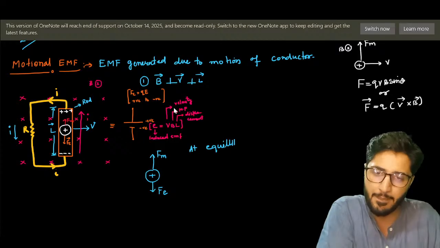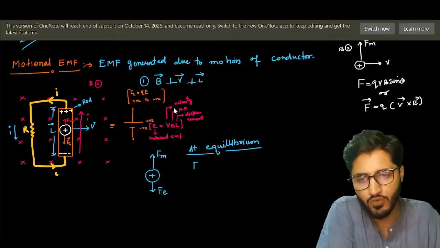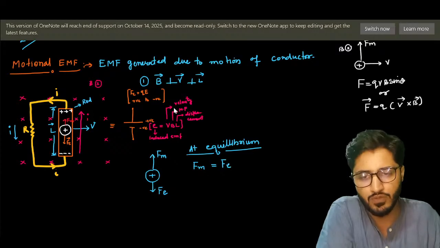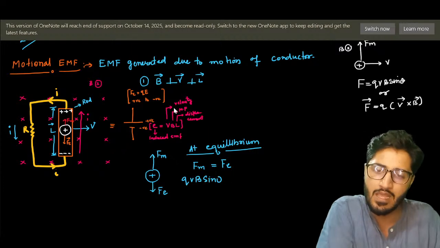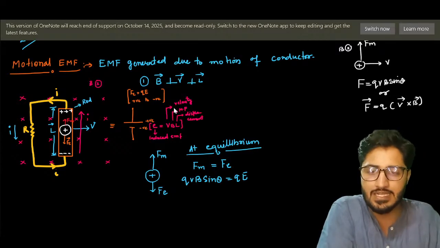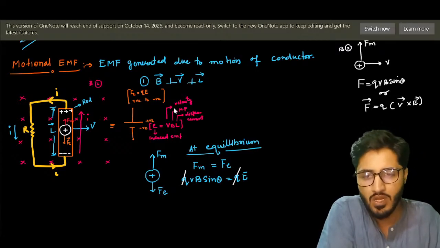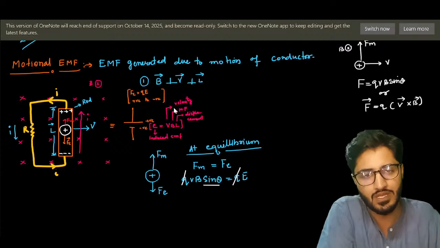At equilibrium, the magnetic force will be equal to the electric force. What is the magnetic force? It is QVB sine theta. The electric force is Q times E. So I can cancel Q and Q. What is theta?